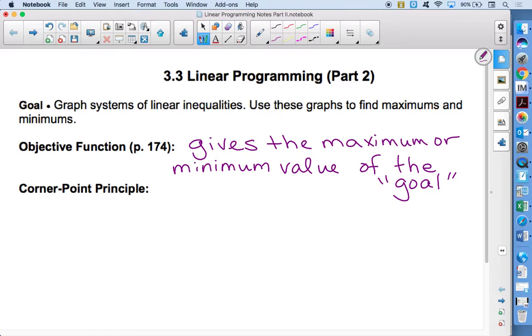So I'm going to say it gives the maximum or minimum value for the goal, but objective is something we're trying to meet or match.